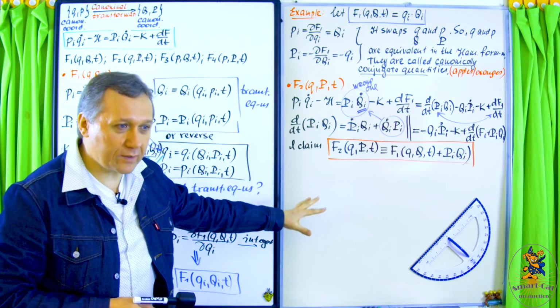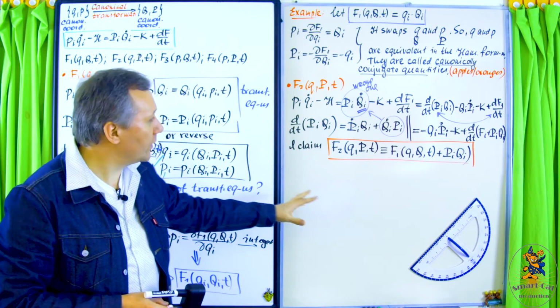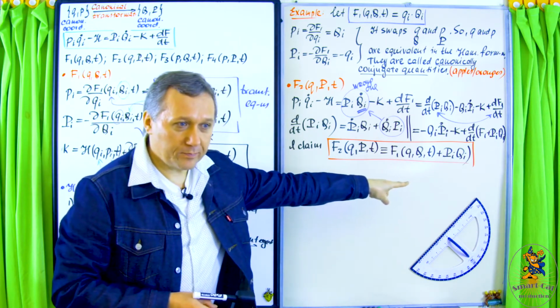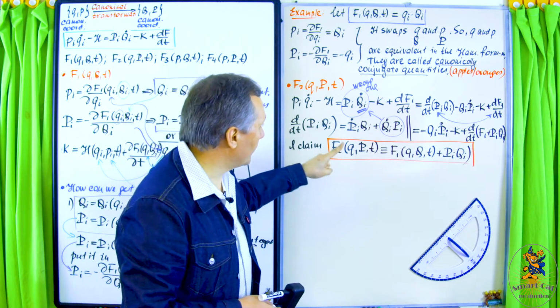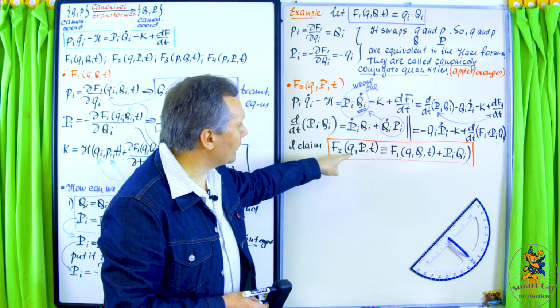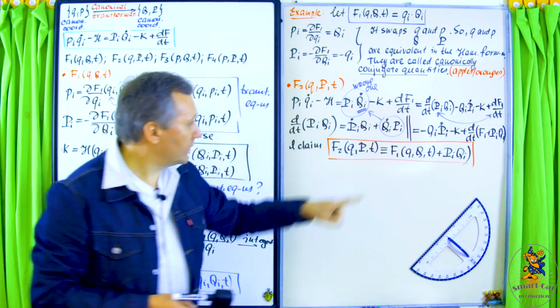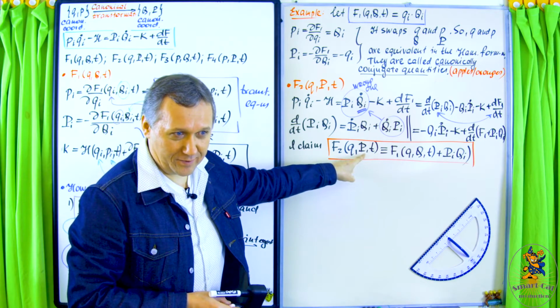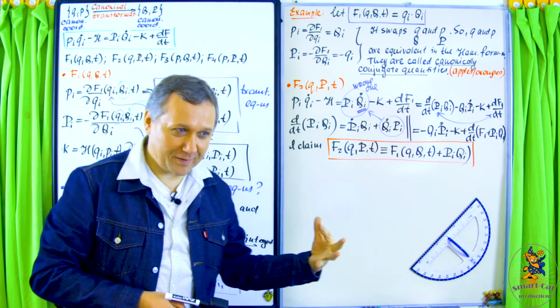I still need to convince you, I still need to prove that this function, which is constructed like this, is not a function of p small and q capital. Sort of excluding, right?